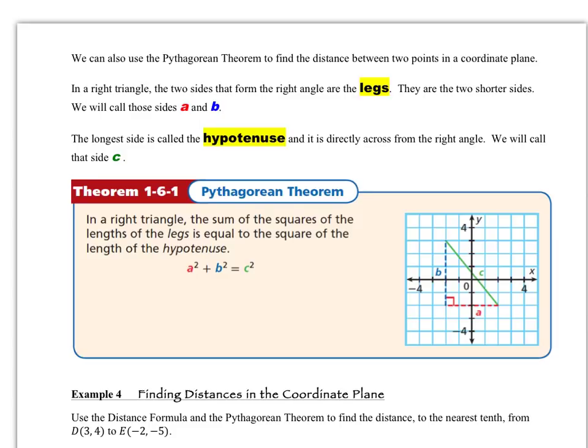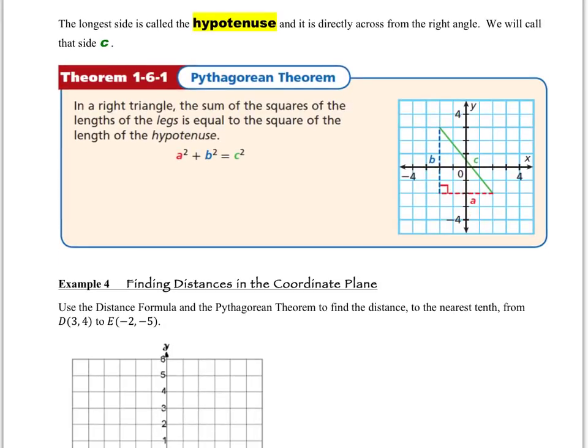In a right triangle, we remember that the hypotenuse is the longest side and the one that's across from the 90-degree angle. The other two sides are called legs. And we have the Pythagorean Theorem formula, which says that the sum of the squares of the lengths of the legs is going to be equal to the square of the length of the hypotenuse. And that's what it says inside of our box here.